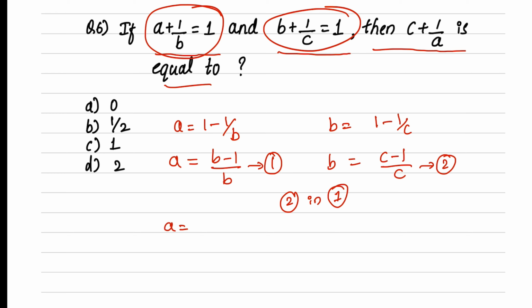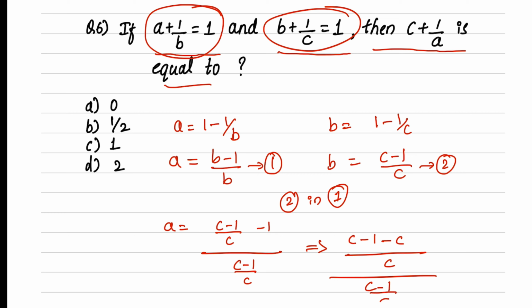So a equal to, b value is (c minus 1) by c, minus 1, divided by (c minus 1) by c. So if you take LCM, it will be (c minus 1 minus c) divided by (c minus 1) by c. So c cancels, this c cancels.